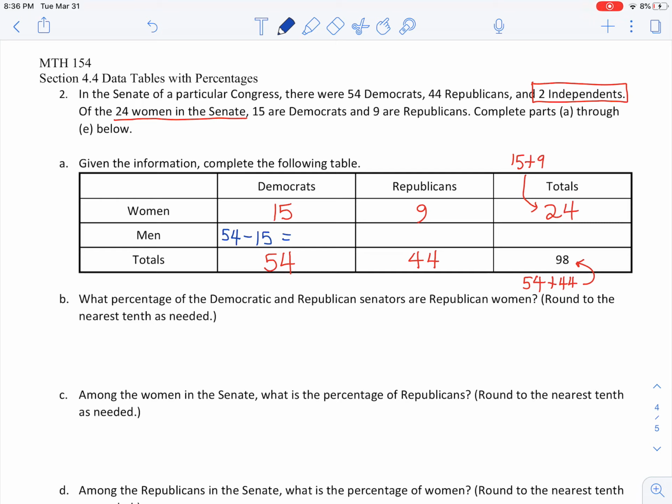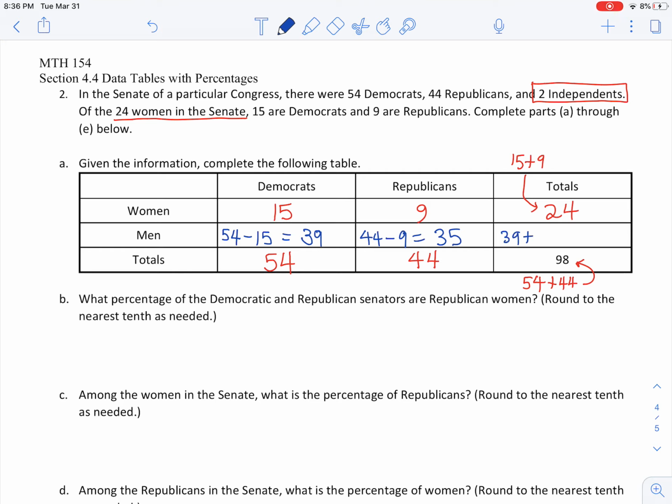So how many men are Democrats in this particular Congress? 54 minus 15 is going to be 39. So there are 39 Democrats who are men. And similarly, let's figure out how many men are Republicans. So let's do 44 minus 9. 44 minus 9 is 35.